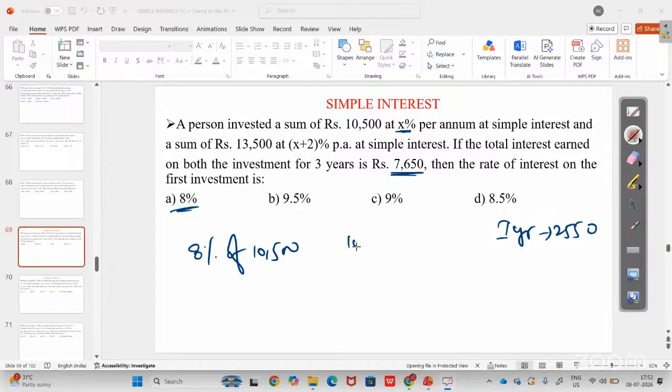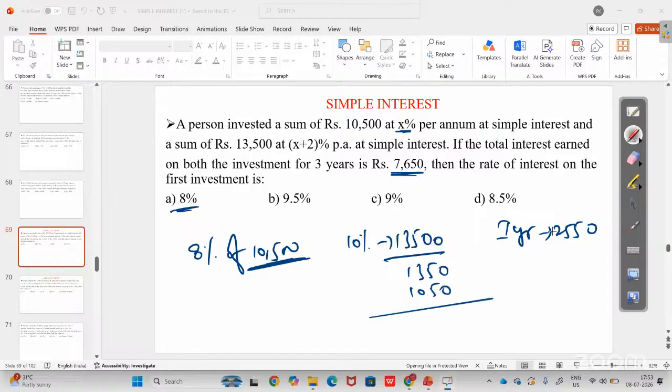Then 10 percentage will be equal to 1350. Here I won't get 2,550. If I get 1,050 also, I'm not getting 2,550. So 8 percentage is not possible.